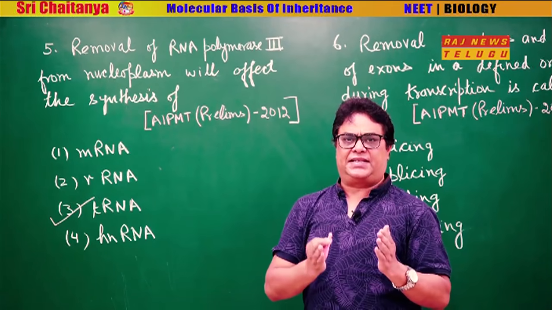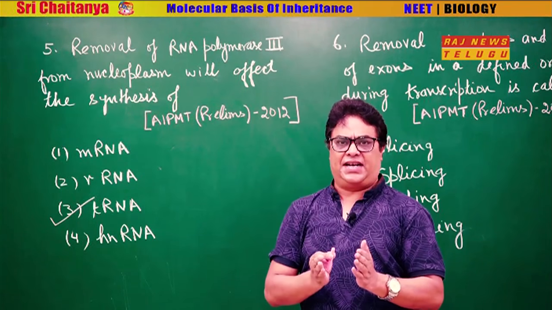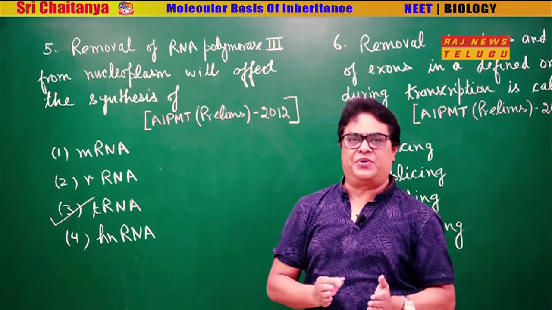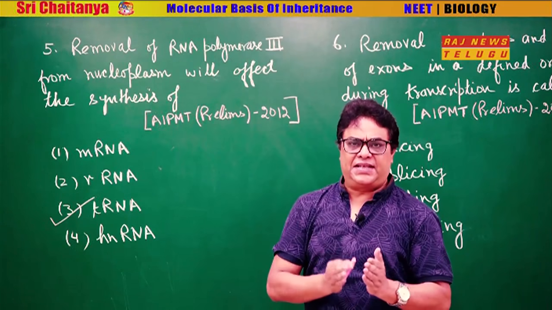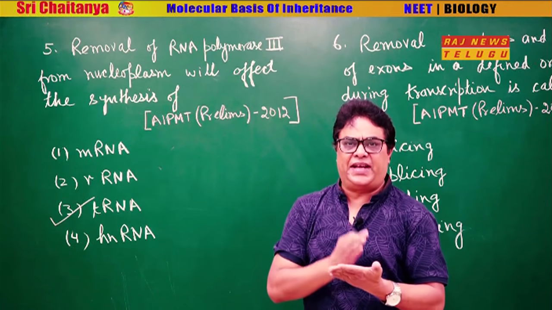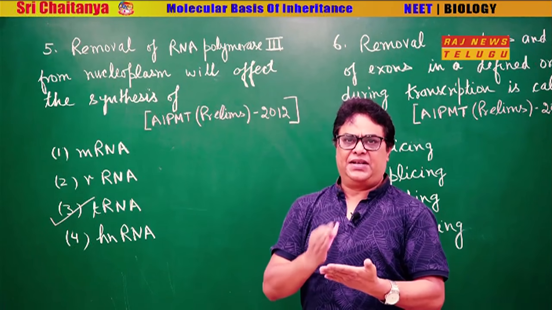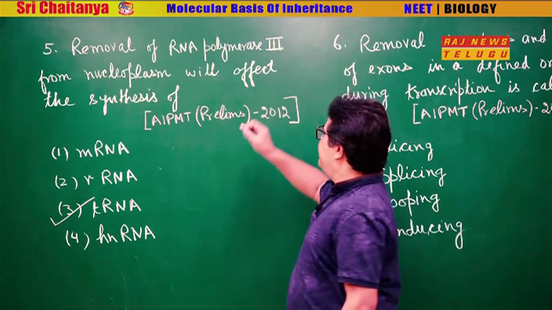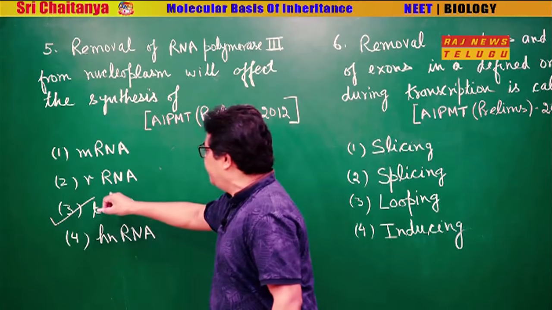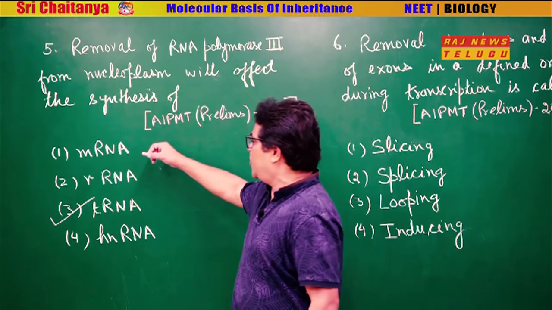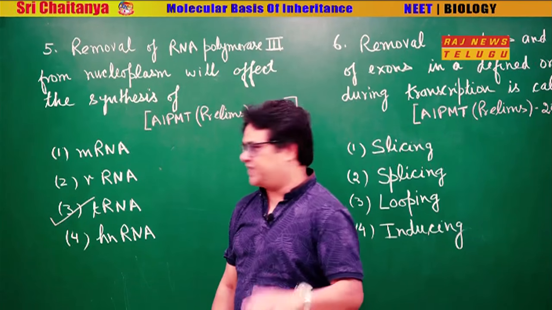RNA polymerase II is involved in the synthesis of hnRNA that later gets converted into mRNA. RNA polymerase III is involved in the synthesis of tRNA, snRNA and 5S rRNA. It means RNA polymerase III is mainly involved with the synthesis of tRNA, because most of the rRNAs are synthesized by RNA polymerase I.